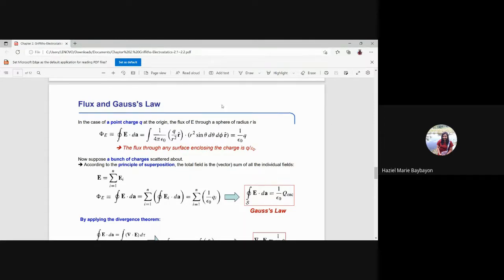Okay? So if we evaluate this over all space, what will we get? We can take out 1 over 4 pi epsilon naught. And the radius also, I guess we can take out of the integral sign because it is constant. The r squared divided by r squared cancels, so r disappears.